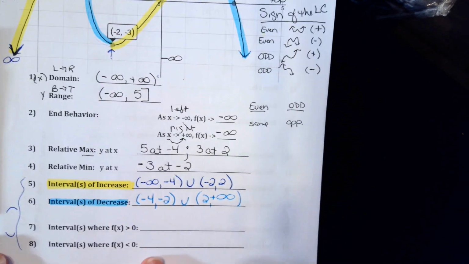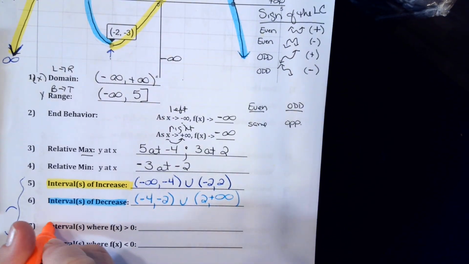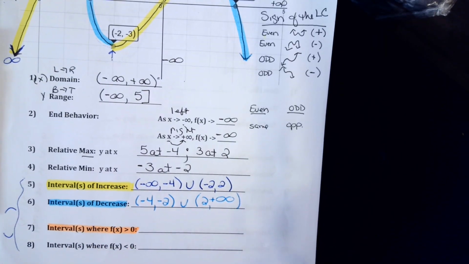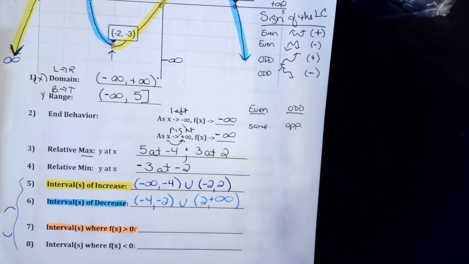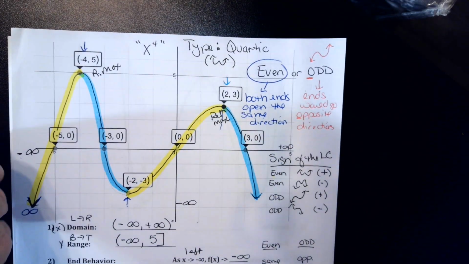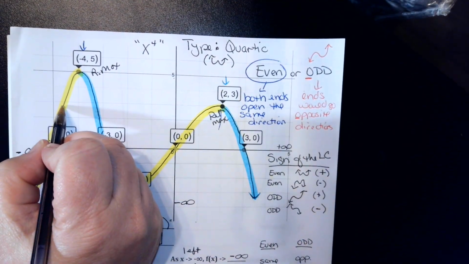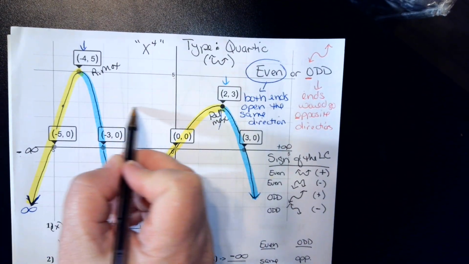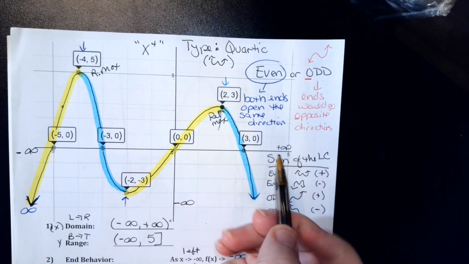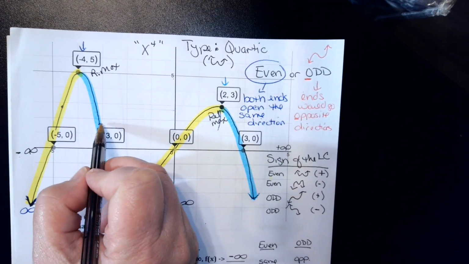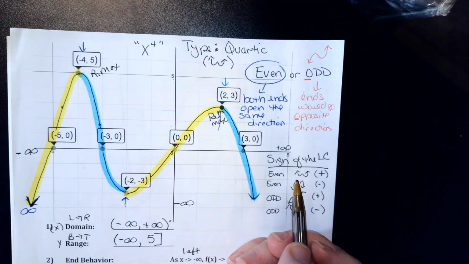All right. Then we have intervals where f of x is greater than 0. So we're looking for y to be positive. Where is y positive? All right. So if I come right here and I choose this point, do I have a positive y value? Yes. If I choose this point right here, do I have a positive y value? Yes.